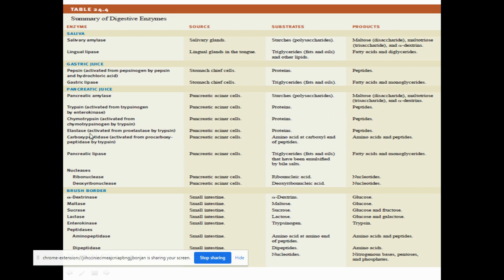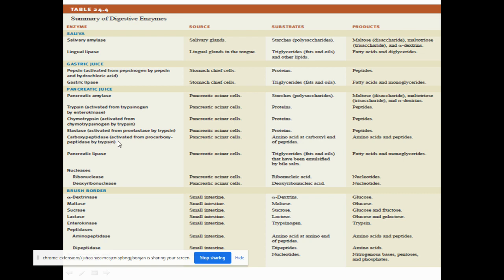Elastase is another enzyme which will act upon the proteins and convert them into peptides. The last enzyme is carboxypeptidase. You can see the enzymes pepsin, trypsin, chymotrypsin and elastase are endopeptidases. Endopeptidases are enzymes which act upon the amino acids present in the center, whereas carboxypeptidase is an exopeptidase.